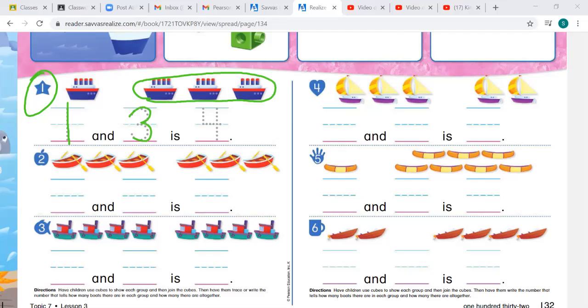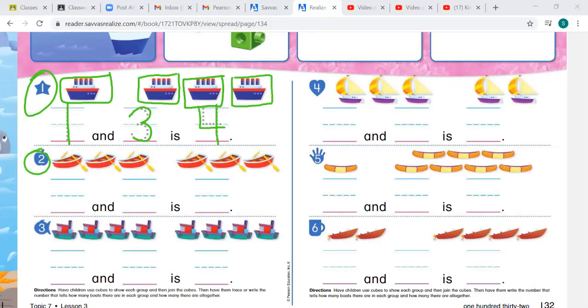We would have 1 cube, and then we would have 3 cubes, and we would connect them all together, and that would give us 4 cubes or 4 boats all together. So 1 and 3 is 4.